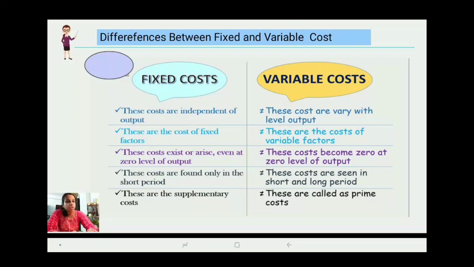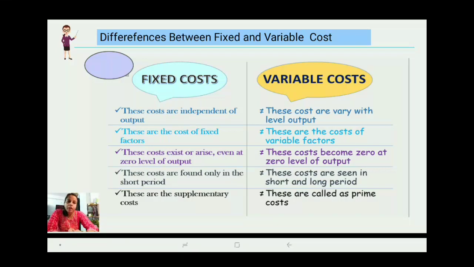Fixed costs are the cost of fixed factors. Variable costs are the cost of variable factors like labor and raw materials. Fixed costs exist or arise even at the 0 level of output, while variable costs become 0 at the 0 level of output.